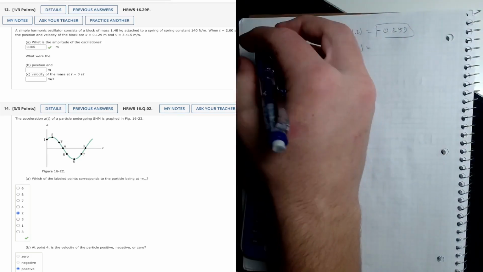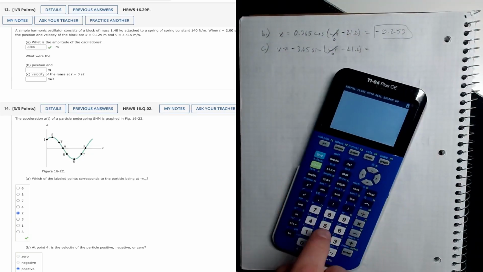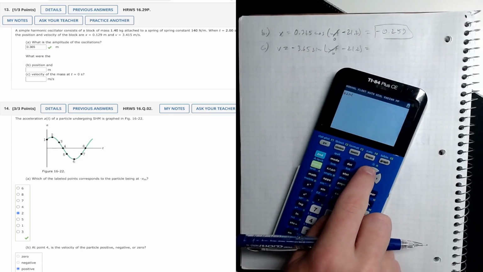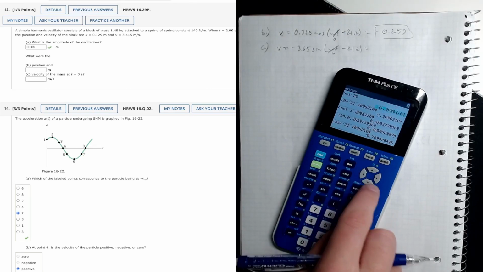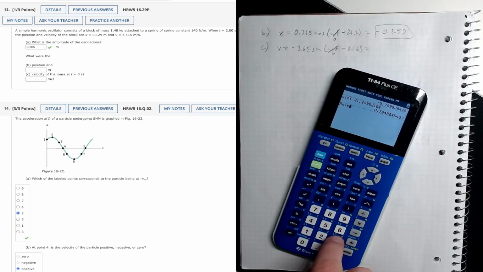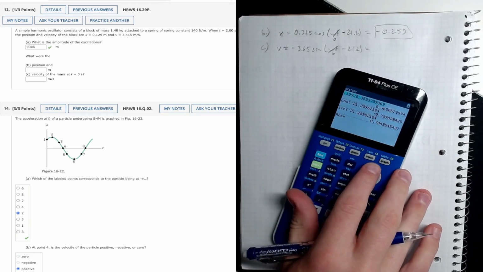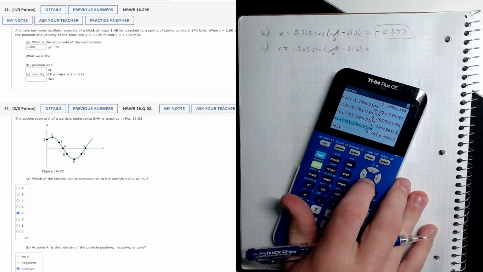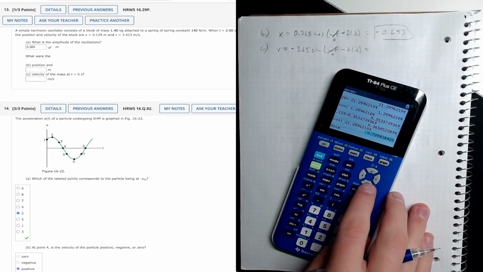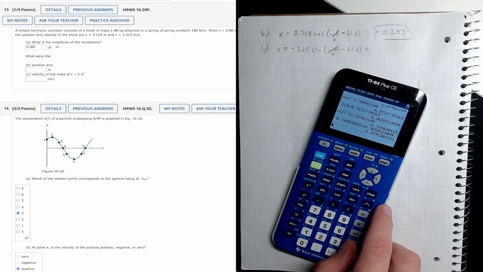That'll be the answer to part B. And then part C, velocity is going to be equal to that equation: sine of this value times negative, this times this.